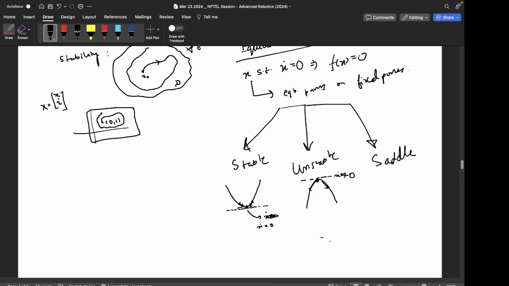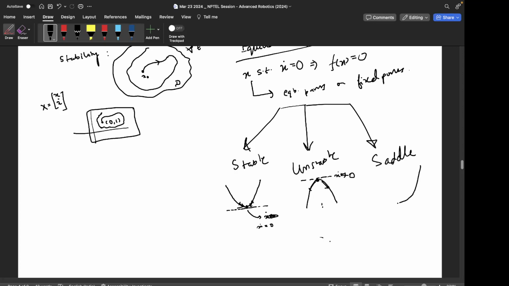Basically in the pendulum's case, if you somehow manage to keep it here and slightly perturb it, the system will quickly go to its stable equilibrium point, which will be down below, right? So unstable equilibria are those points from where, if you perturb the system, it won't come back to that equilibrium point.